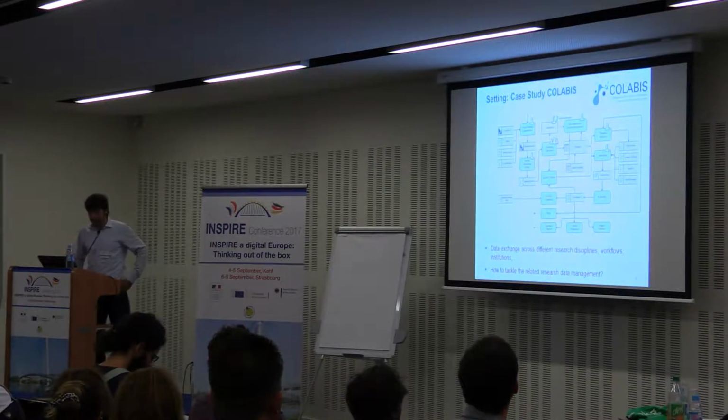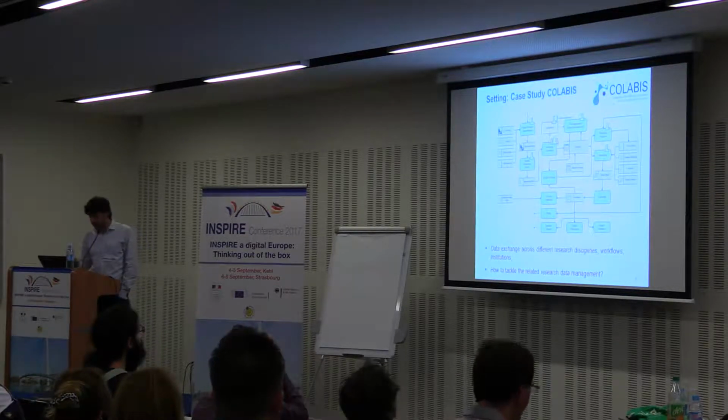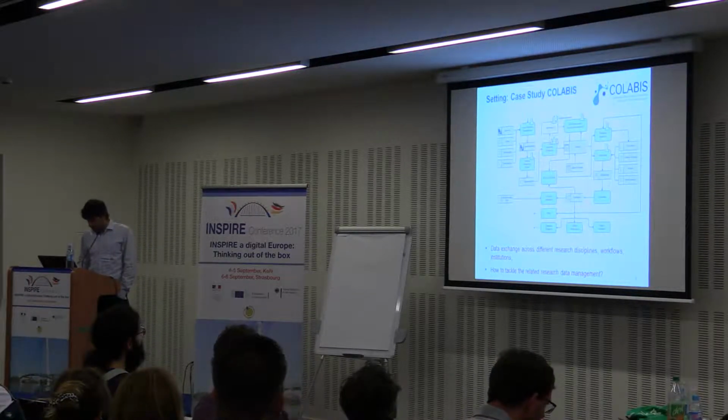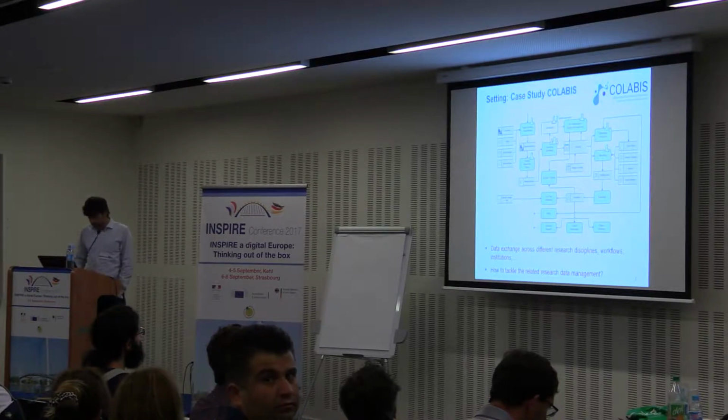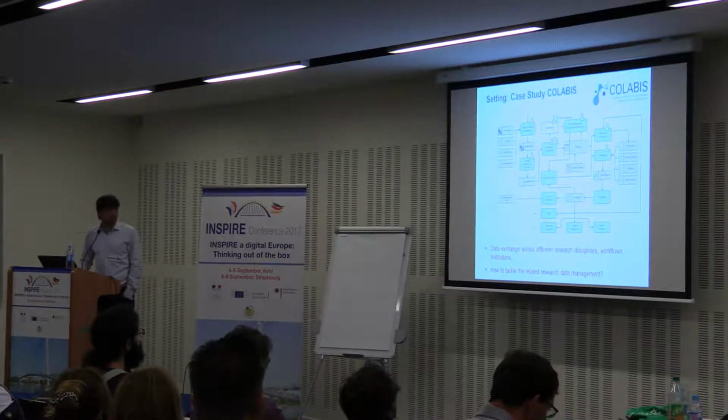This is basically the workflow that we have within our project. I do not want to go into detail, and there's no need for you to understand every single bit of it, but I just want to show that there is quite a lot of data that plays a role here. We have land use data, and traffic data from different sources.